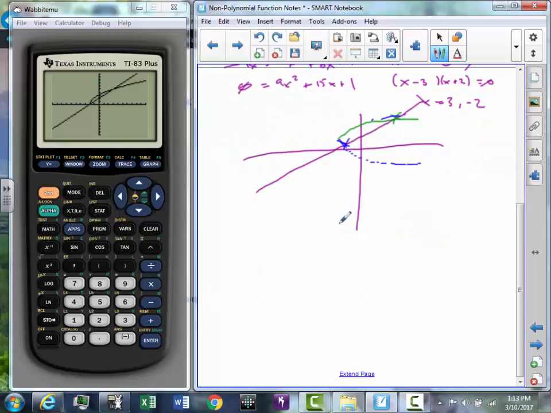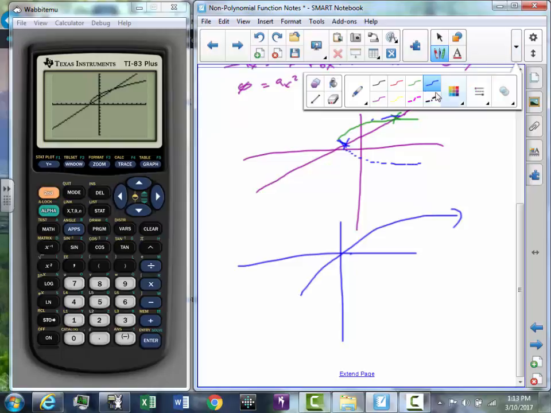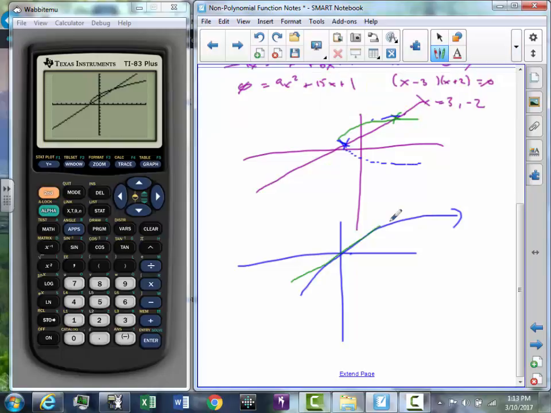It could occur that you have your graph that looks like this, and then when you have your linear line that goes through it, oh, that was poor. Let's try that again. When you have your linear line that goes through it, it clearly crosses twice, no extraneous solutions, right? And therefore both of your two answers were valid, right?